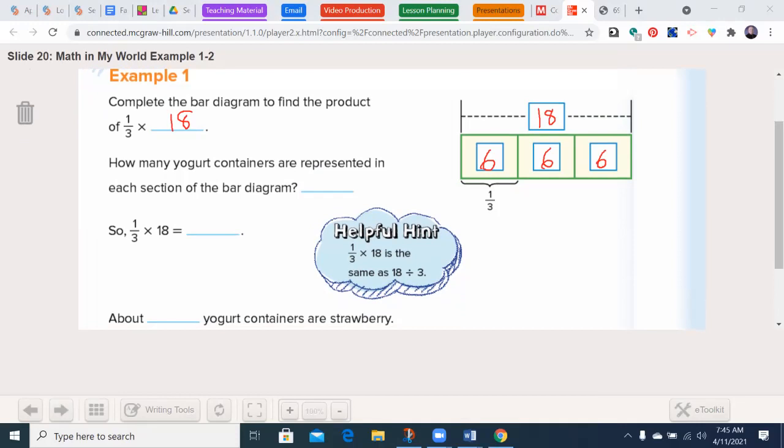This is how many yogurt containers are represented in each section of the bar diagram, 6. So now that I've done 18 divided by 3 and got 6, I multiply by my numerator, which is 1. 6 times 1 is 6. So about 6 yogurt containers are strawberry. You see the helpful hint, 1/3 of 18 is the same as 18 divided by 3.